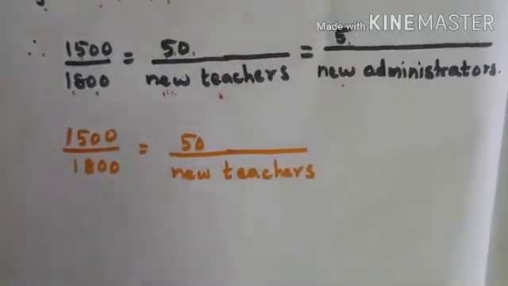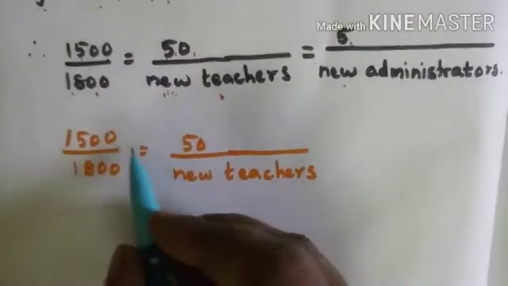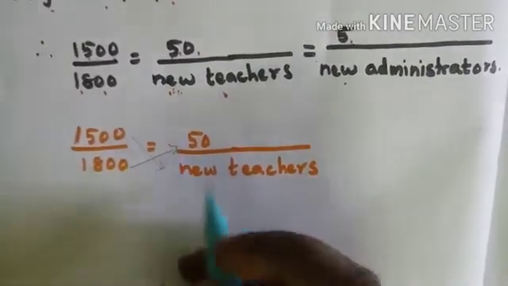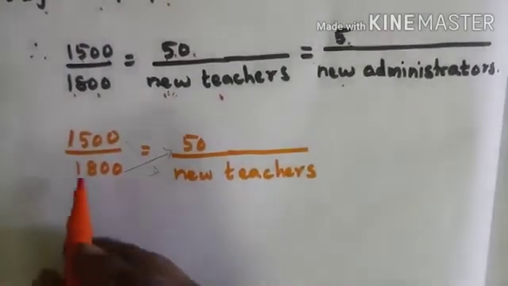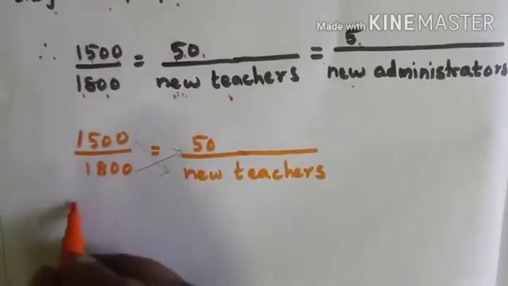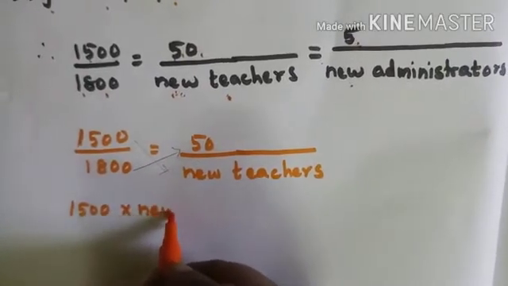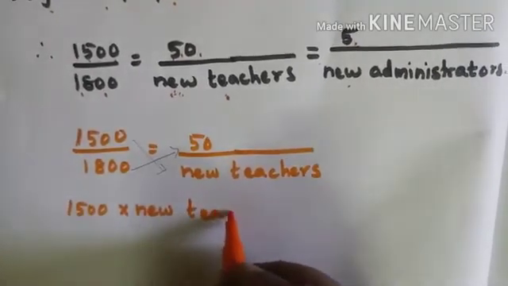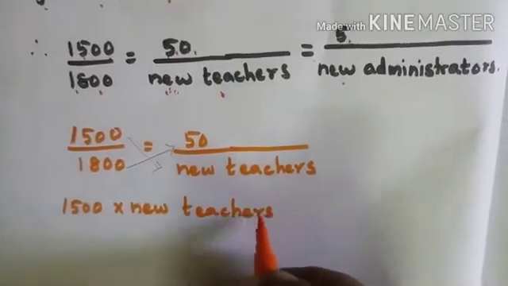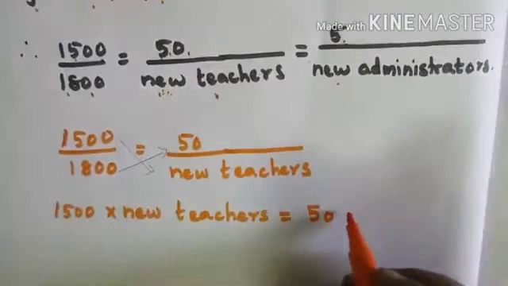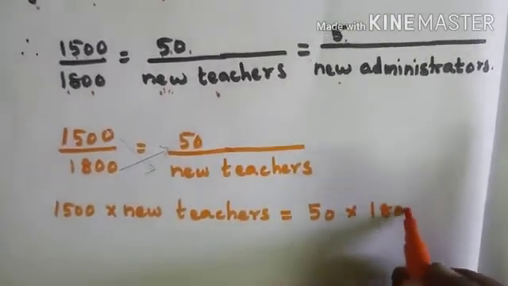So here what we are going to do, we are going to cross multiply. Now you see here 1500 into new teachers, we are going to cross multiply and find out, equal to 50 into 1800.